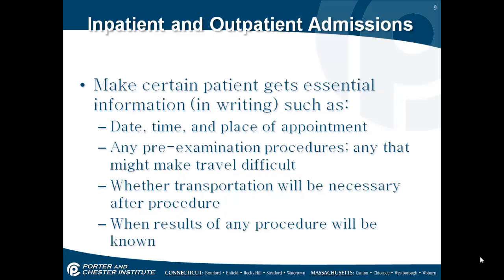Make certain patients get essential information in writing, such as date, time, and place of the appointment, any pre-examination procedures, any that might make travel difficult. They may need to go for a pre-surgical examination, whether transportation will be necessary after the procedure, and when the results of any procedure will be known.